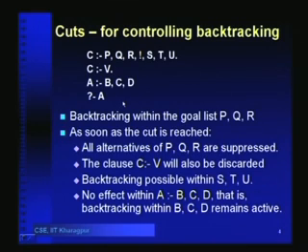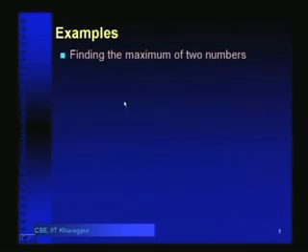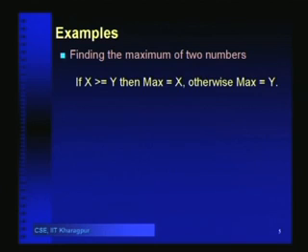Let us look at some examples of cut. Suppose we want to find the maximum of two numbers. So, what we want to check is, if x is greater than or equal to y, then max equals x, otherwise max equals y. So, we will write it in this way.